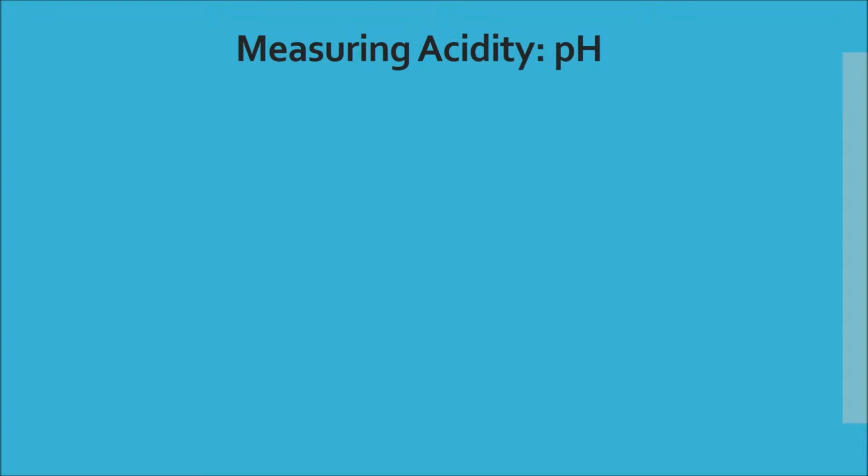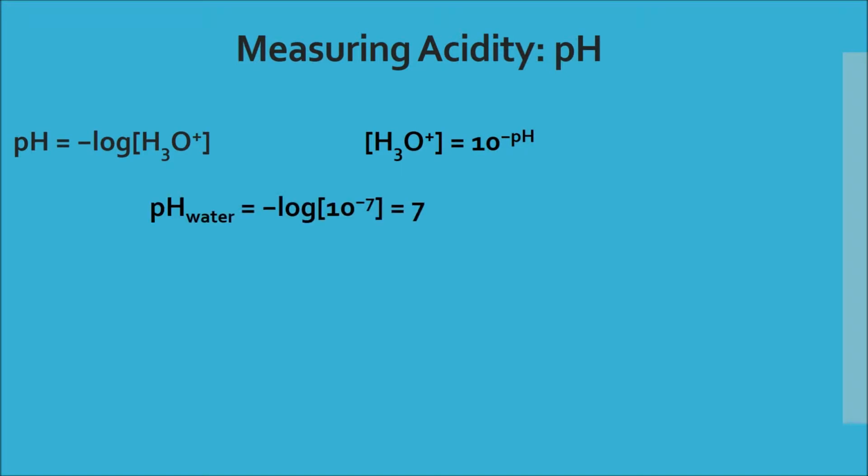Now, we measure acidity using the term pH. pH is equal to the negative log of H3O plus ion concentration, or H3O plus ion concentration is equal to 10 to the minus pH. Now, as seen earlier, neutral solutions have an H3O plus ion concentration of 1 times 10 to the minus 7.